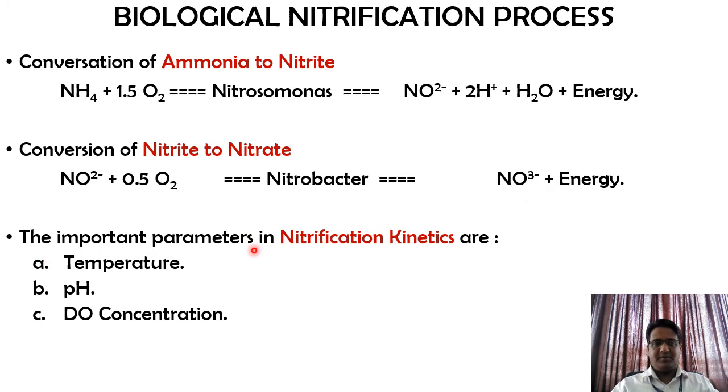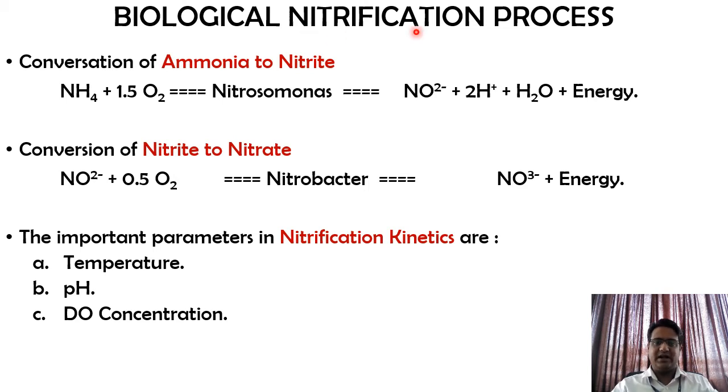The important parameters in nitrification kinetics are temperature, pH and dissolved oxygen concentration. Please try to understand this: whenever we say nitrification process, it is not the addition of nitrogen into the water or wastewater. Whenever we say removal of nitrogen, we have two processes, one is nitrification and the second is denitrification. Don't think that nitrification is simply adding nitrogen.